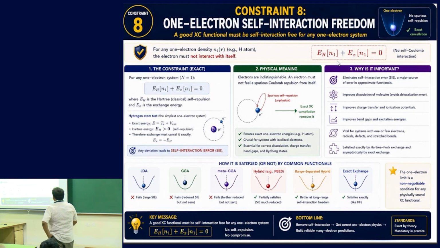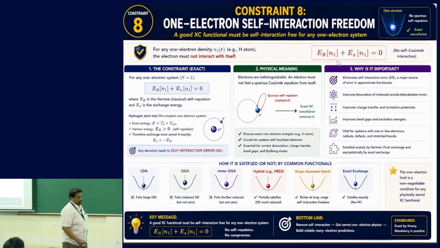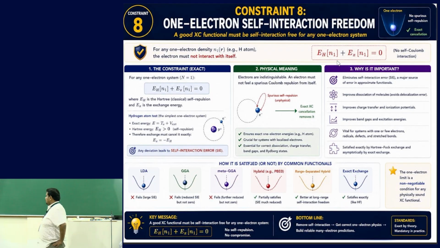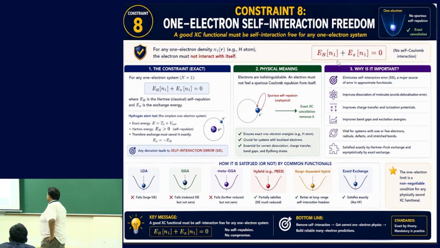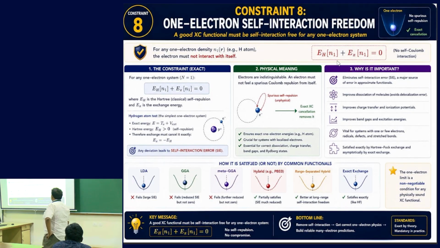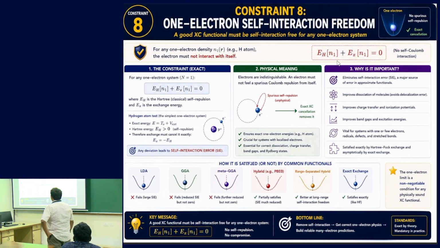What is happening if you have one electron? It means there is no exchange correlation, so it should vanish somewhere. So the Hartree energy for a single electron, and the exchange, this should be zero, and then accordingly you will have this for one electron.